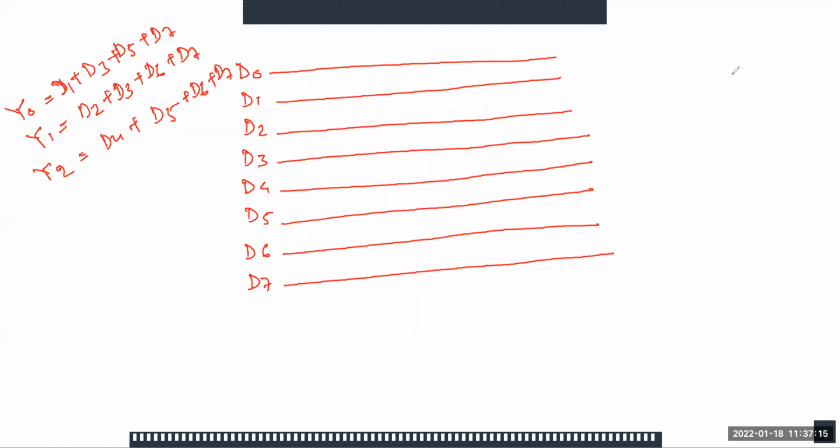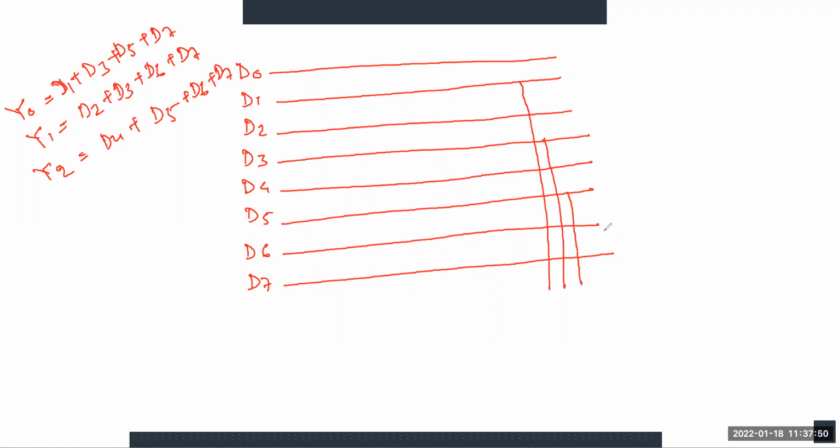Okay, so here I am drawing the first, Y0. Y0 means D1, D3, D5 and D7. So this is D1. Next D3. D5 and D7.